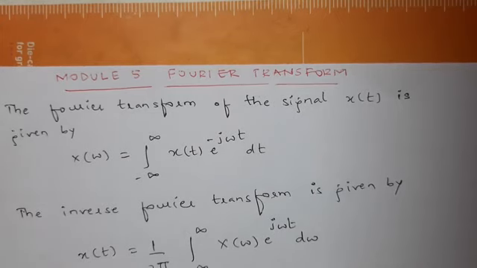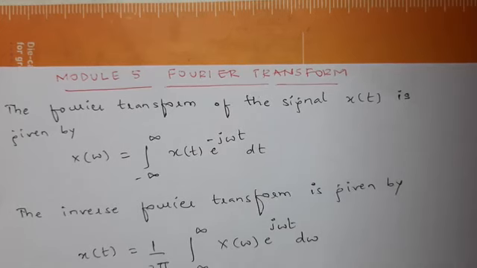Okay, x(t) can be a continuous time signal, that is tending from minus infinity to plus infinity, or it can be a finite signal which makes it non-periodic, that is minus 1 to 1 or 0 to 3 and so on. Whereas when it is a discrete time signal, that is summation from n equal to minus infinity to plus infinity x(n), which is tending from minus infinity to plus infinity, or your x(n) can only be between 0 to 5 or minus 2 to plus 2 and so on.